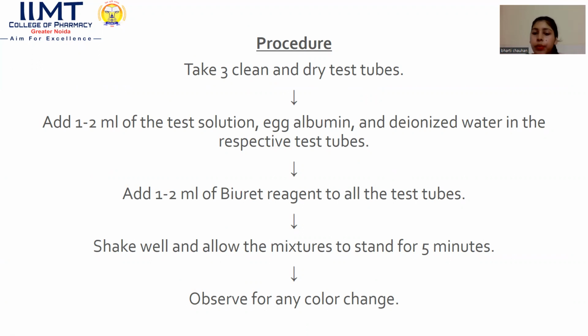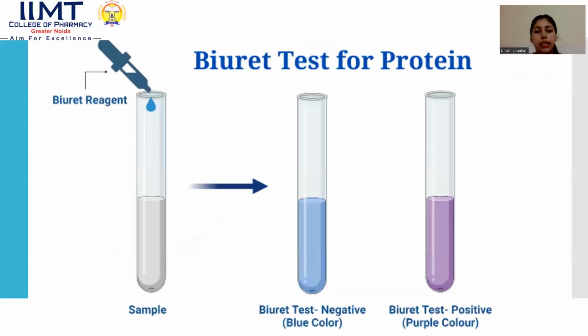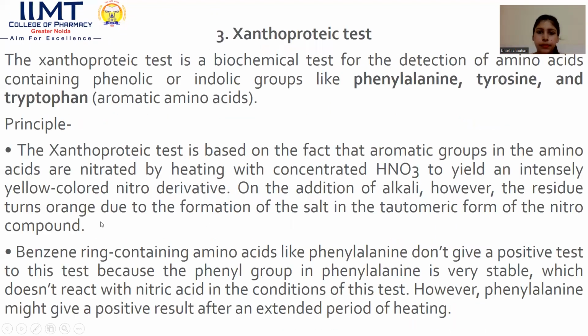Add 1 to 2 ml of Biuret reagent to all the test tubes. Shake well and allow the mixture to stand for 5 minutes. Observe for any color. So, this is the sample. If it shows blue color, the Biuret test will be negative. If it shows purple color, the Biuret test will be positive.